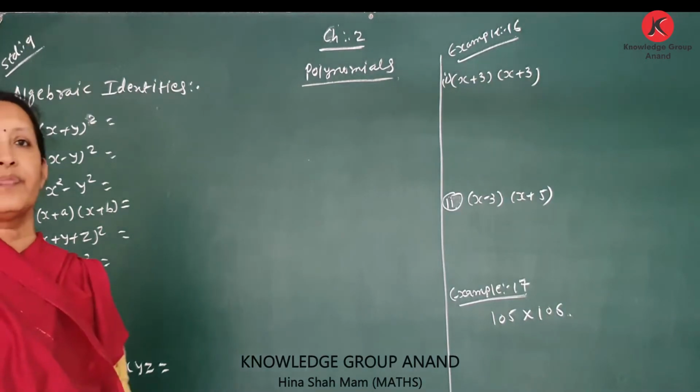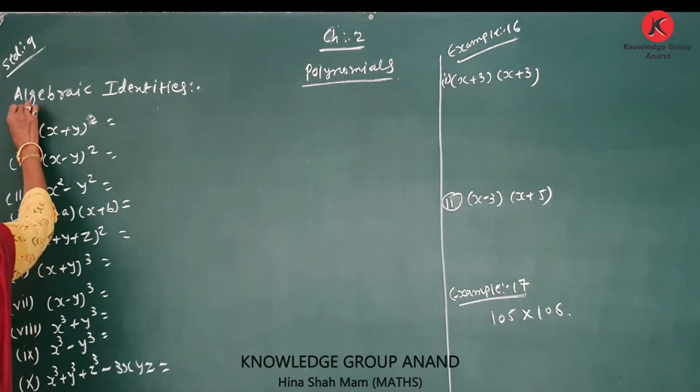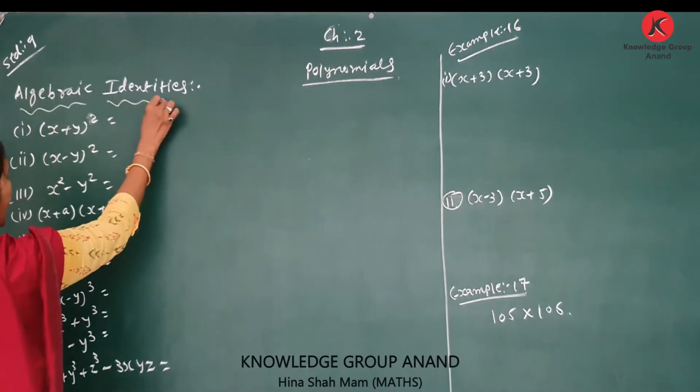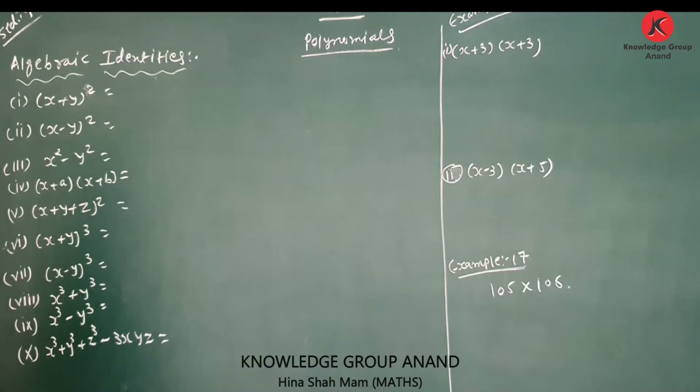Now we learn some identities. We learned these algebraic identities in the previous standard. How many identities are there?